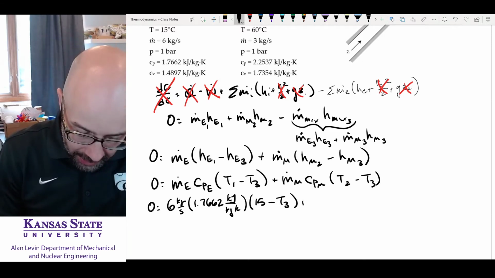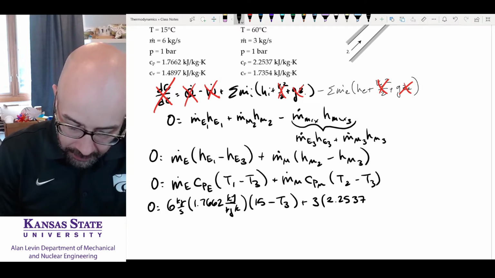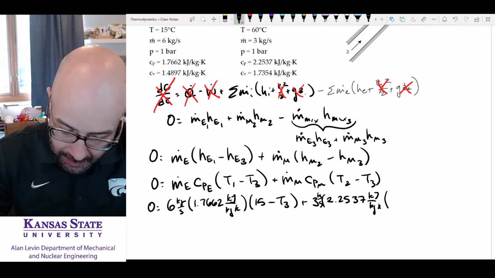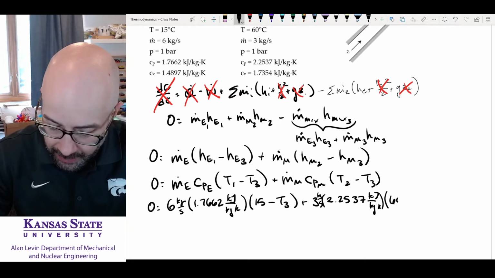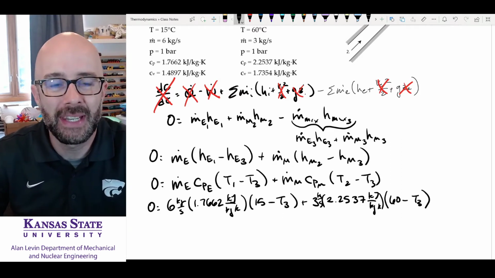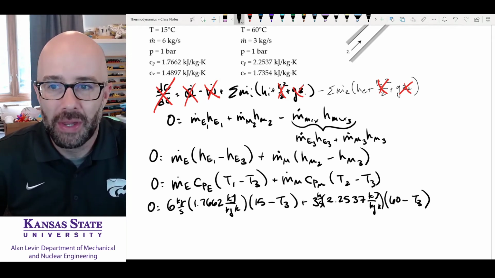And then plus 3 kilograms per second times C sub P here, which is 2.2537 kilojoules per kilogram Kelvin, times T2, which is equal to 60, minus our T3. Okay, so now we're just going to do some algebra here. I'm going to skip the algebra steps because I think we should be comfortable with this algebra.